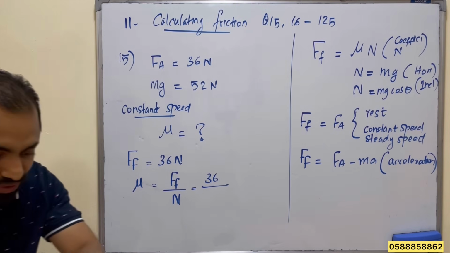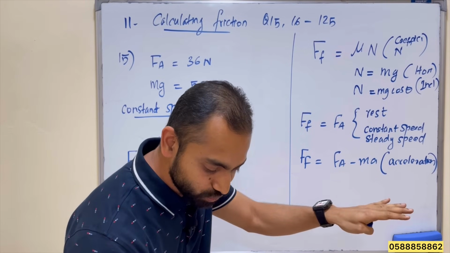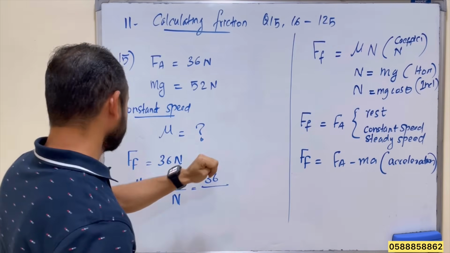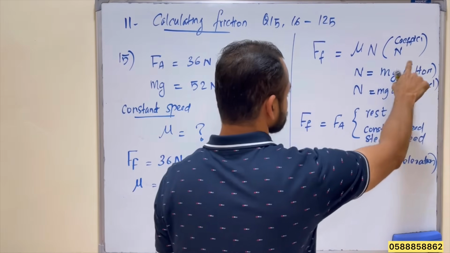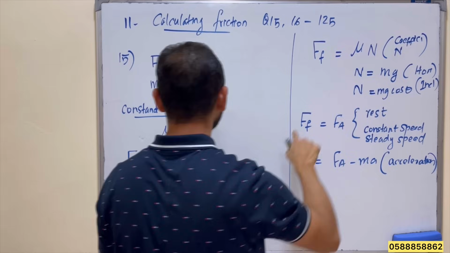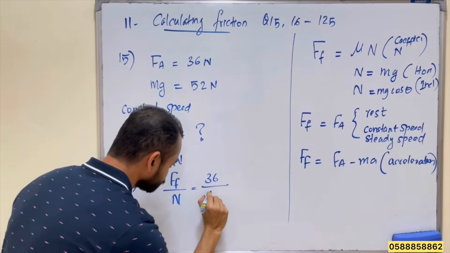The surface is horizontal, right? He exerts 36 Newton force on a horizontal surface. If the surface is horizontal, normal force is equal to mg, the weight of the object. Here the weight of the sled, mg, is given as 52.